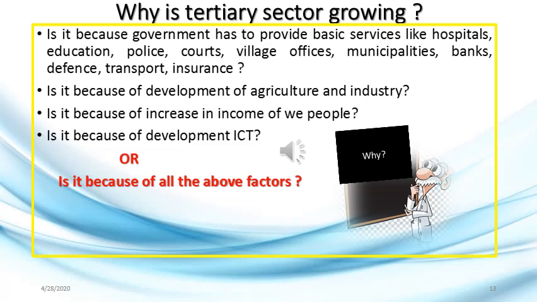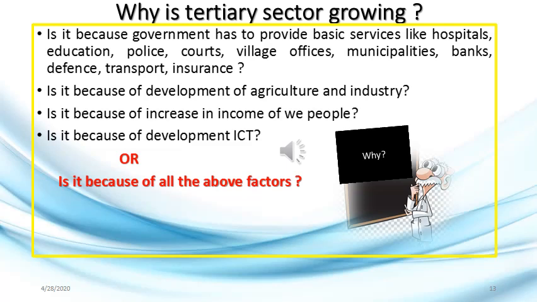And the answer is very simple. It is not because of one or two. It is because of all the factors: the government is increasing its expenditure on various services, there is an increase in agriculture and industrial activities, there is an increase in our income, and it is also because of new services that are coming in our country and in this world. Because of all these factors, today the service sector is gaining popularity, and that's how it contributes to the GDP of our country on a larger scale.